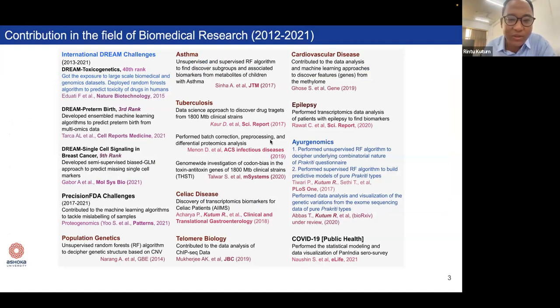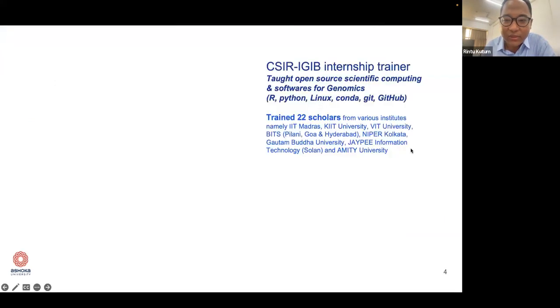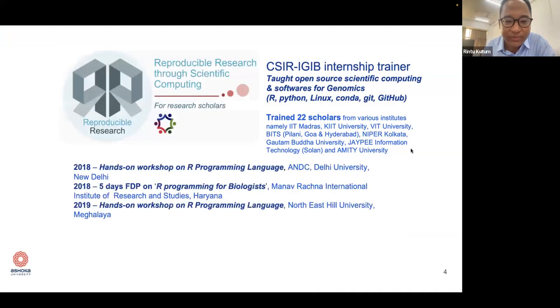Since then I've been contributing to computational biology, then machine learning, and nowadays health science. During my PhD days, I got a lot of opportunities to train scholars, which helped me in building next generation scholars in India, where we can tackle global challenges like health, bioinformatics, or in fact biomedical projects.